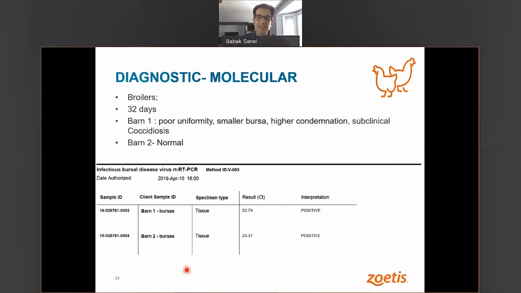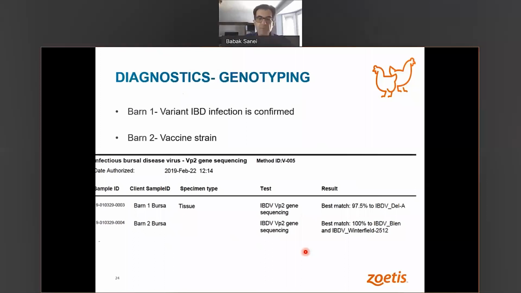When we sent it to the lab, these are the results of the molecular test. Both of them are positive, but both barns were vaccinated with a very strong vaccine, Bursaplex, at the hatchery. When you did the molecular, look here. This one on the top is actually another variant, Delaware A, in that barn.